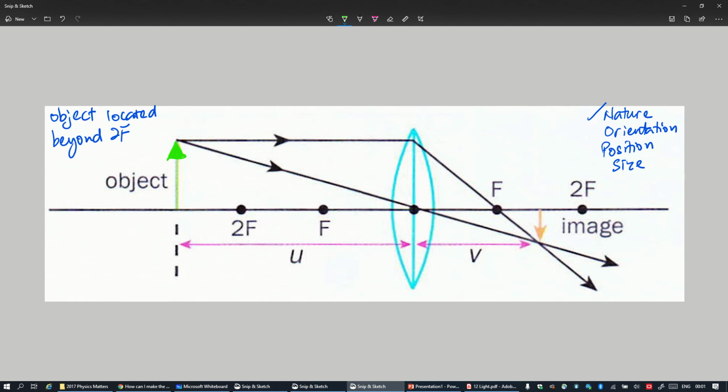The light rays coming from the arrow, after passing through the lens, have now converged below the principal axis. When it converges below the principal axis, that's where we draw the image of the arrow.